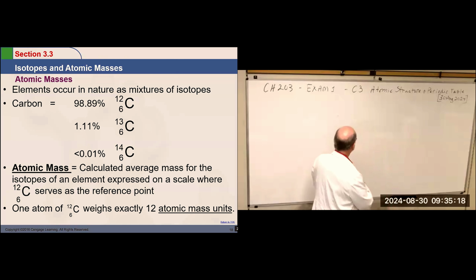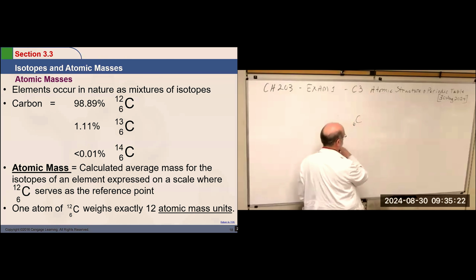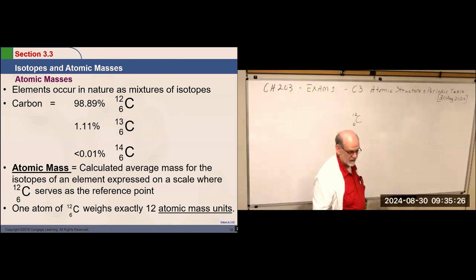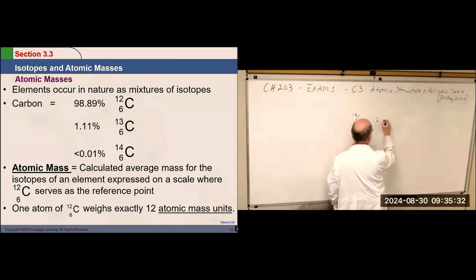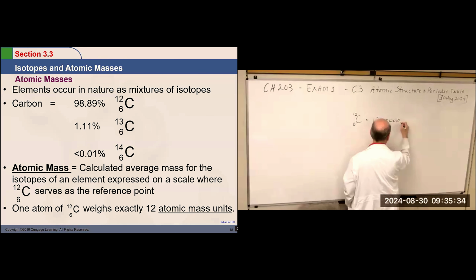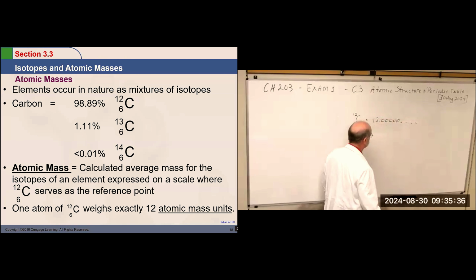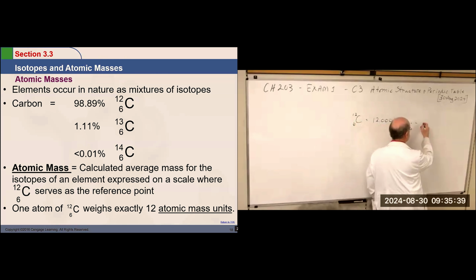So we picked carbon, 6 protons, and a mass number of 12. That isotope is given 12 point infinity atomic mass units.